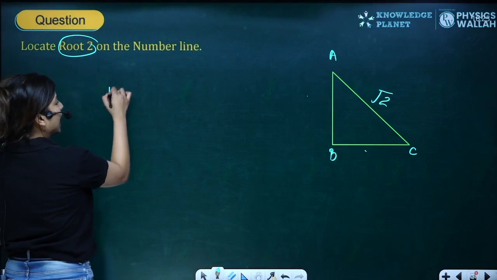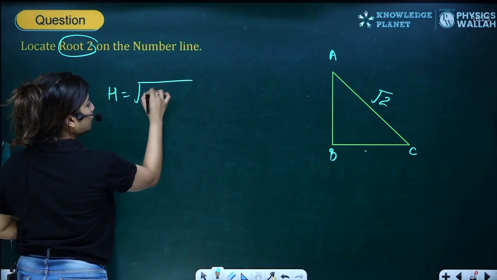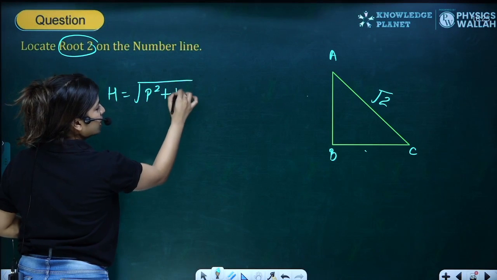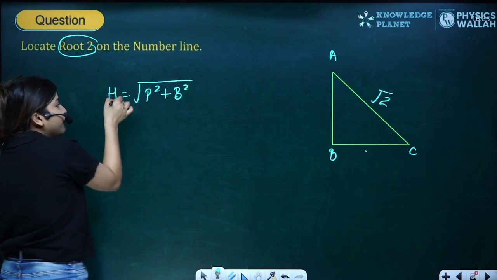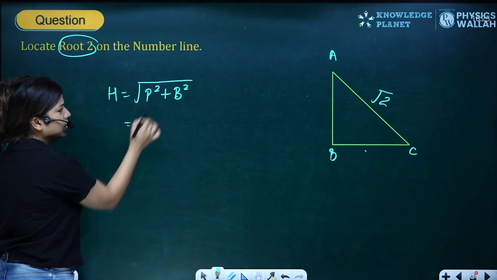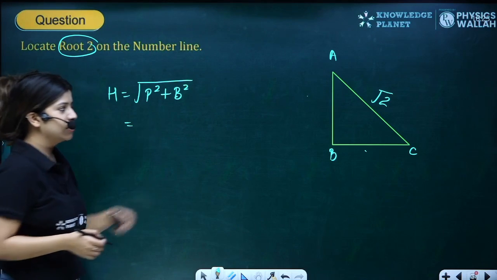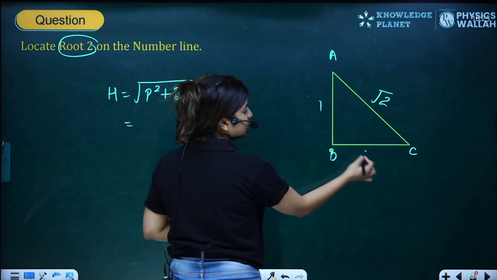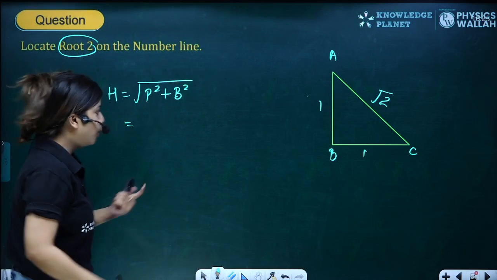We know that hypotenuse is equal to under root of perpendicular square plus base square, right? If I need hypotenuse as root 2, what should I take as perpendicular and base? For example, if I take this as 1 unit and this as 1 unit, what we will get?